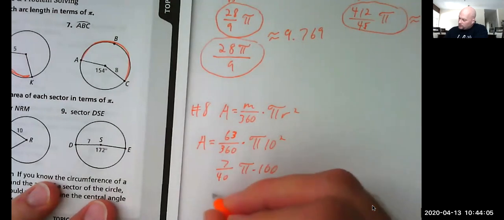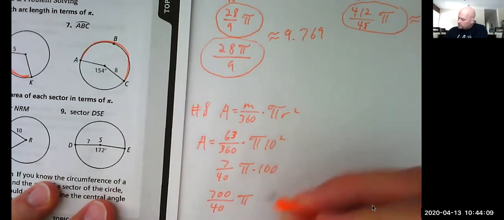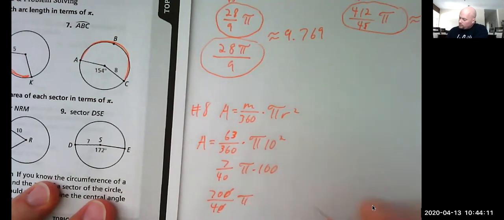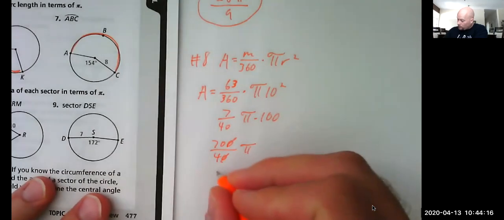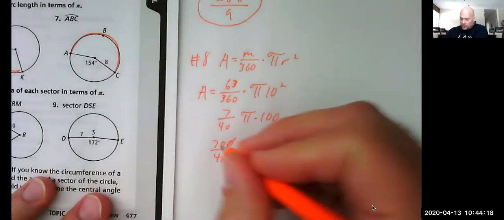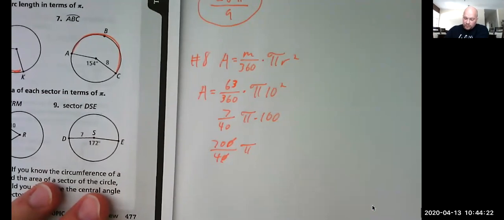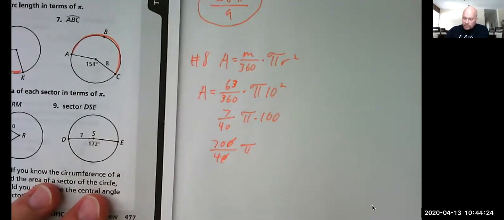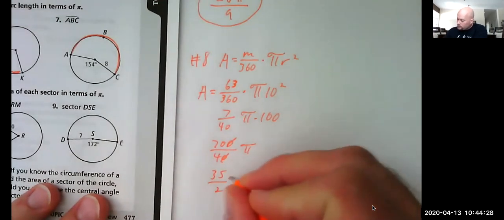So then we multiply 100, we'd have 700 over 40. We can reduce it by 10. So we'd have now 70 over 4, which those can also divide. Both are divisible by 2. So this is now 35 over 2.